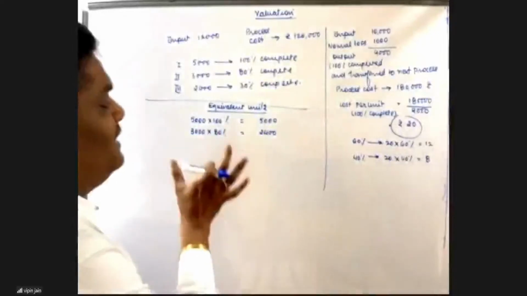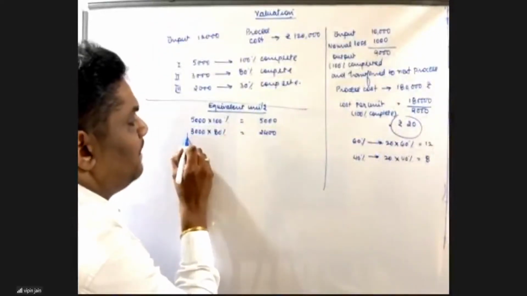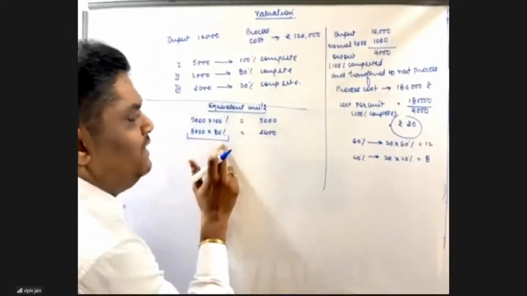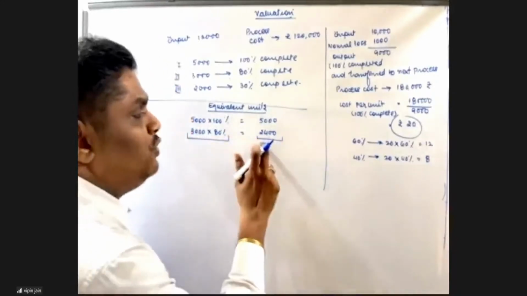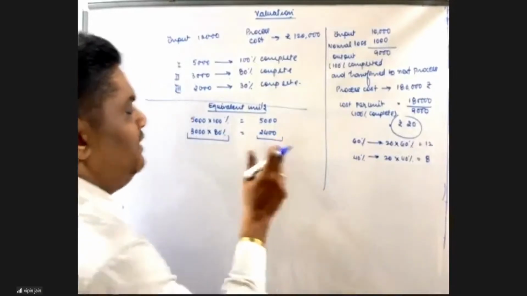What I want to say is that the cost for 3,000 units that are 80% complete will be equal to the cost of 2,400 units that are 100% complete.